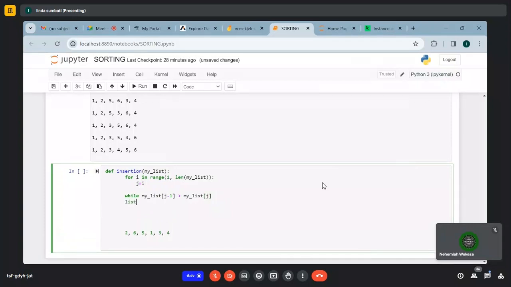We are still trying to figure out my list. So it will be list[j - 1], comma, list[j], equals, now this one becomes my list[j], and this one will be, so it will swap.